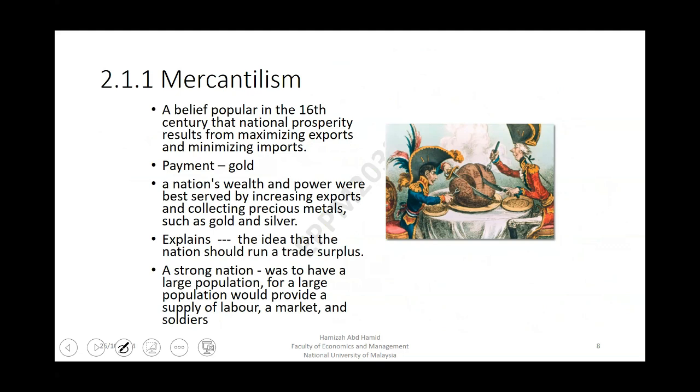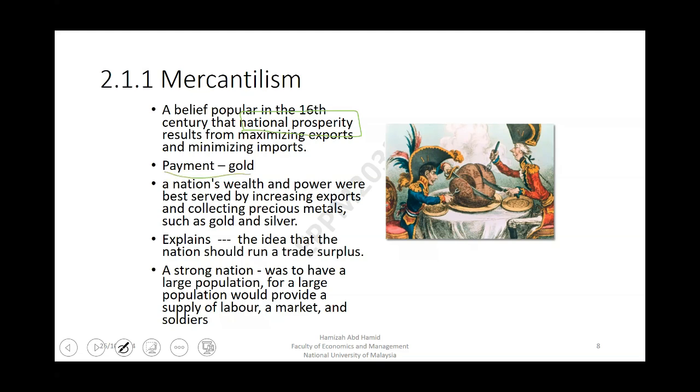One of the first and more important theories in international trade is mercantilism. This is a belief popular in the 16th century. According to this theory, national prosperity, the wealth of nations, how to make countries rich, is through selling more, buying less, maximize export, minimize import. That's logical, right?